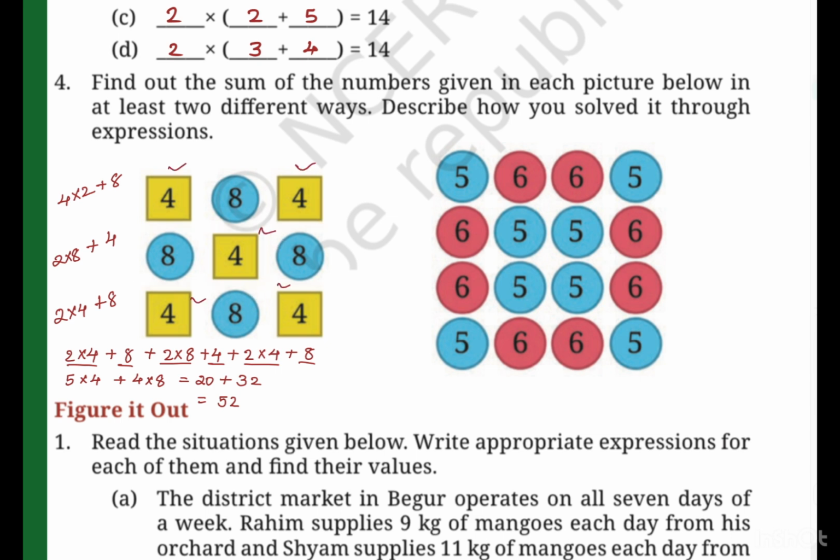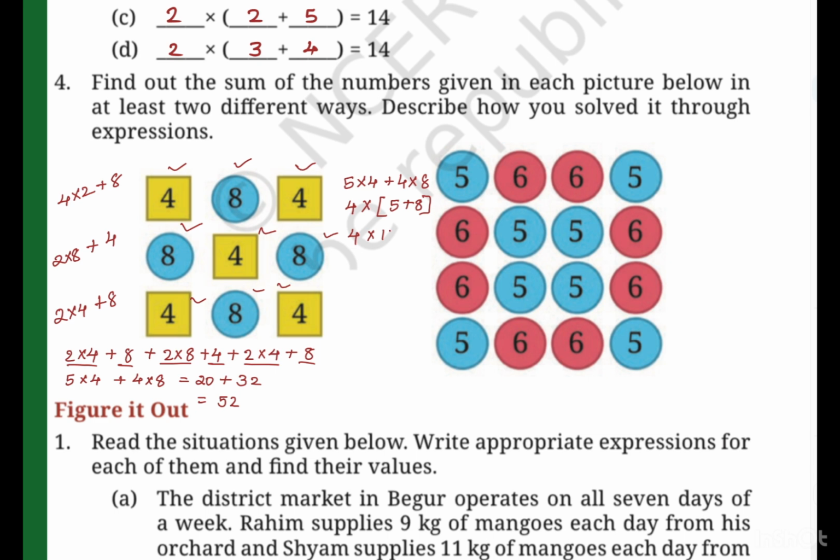In another way, we can find the sum of these numbers by counting the yellow fours. There are 5 yellow fours, so 5 times 4 plus blue 8s are 4, so 4 times 8. 4 is common in both multiplications, so we can take 4 outside. 4 multiplied by 5 plus 8 is the expression we got.